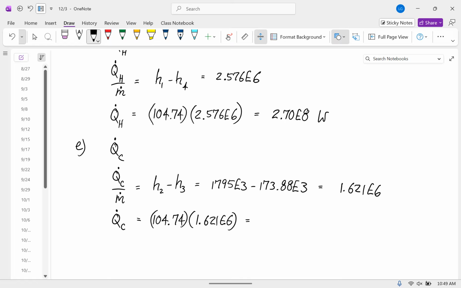And that is 1.70 times 10 to the 8th watts.